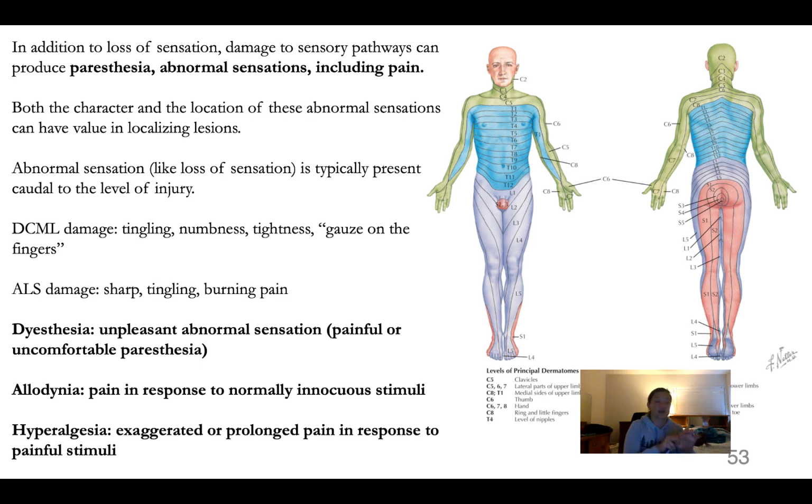Or if you stroke a cotton swab over someone's hand and they yell, right? That's allodynia. Hyperalgesia would be if you punch someone in the arm and instead of going, ow, they say, oh my God, my arm. That's hyperalgesia, right? So both of those describe pain. Dysesthesia is a bit more general. It's just unpleasant. Can be painful or uncomfortable. And paresthesia is the biggest, most general term, which is any abnormal type of sensation.